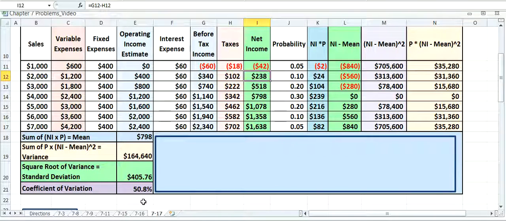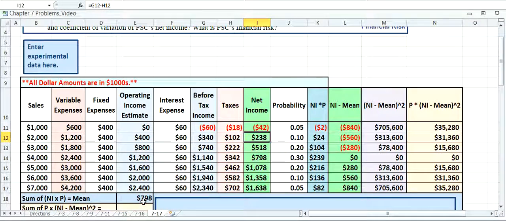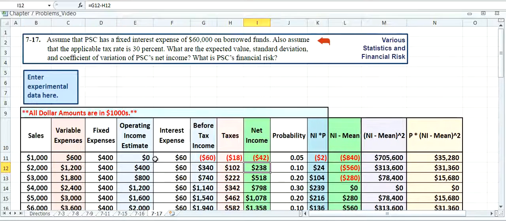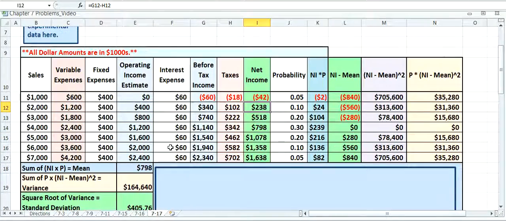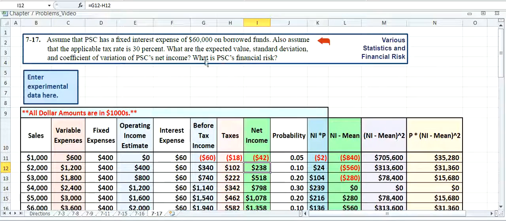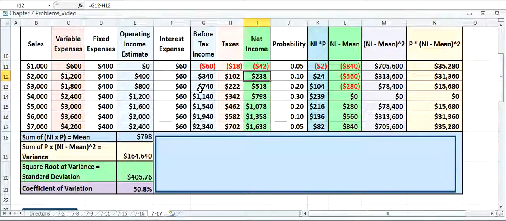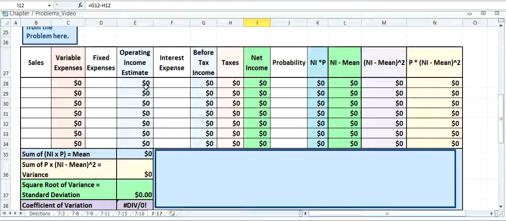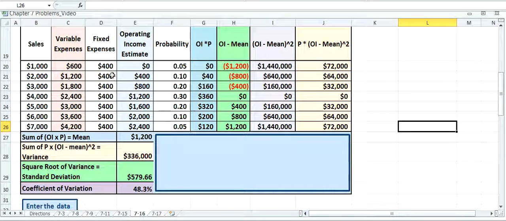Okay, make sure that you put all your figures in thousands. So if it says 60,000 up here, then this is going to go in as 60. So that's going to go in right here. Put the sales figures here, and your fixed expenses from problem 716, which was 400 or 1,000, but you put it in as 400.